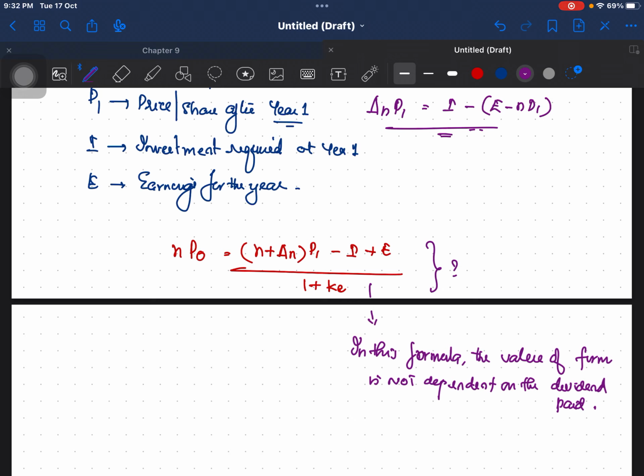So once you have a question on this, what do you have to do? You have to find out the value of the firm using this formula, and once you have found the value of the firm, you have to substantiate that the value of the firm is not dependent on the dividend payout. In the question they will ask, if there is no dividend paid, what is the value? If the dividend is paid, what is the value?